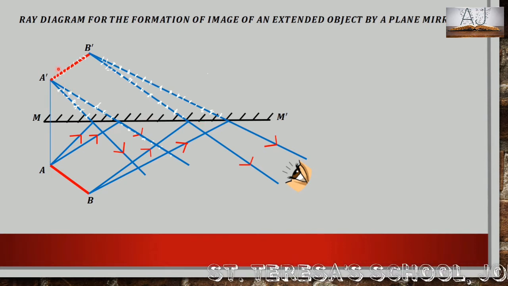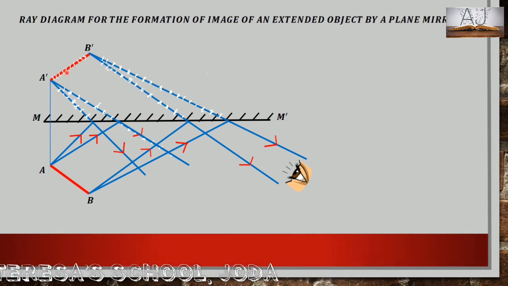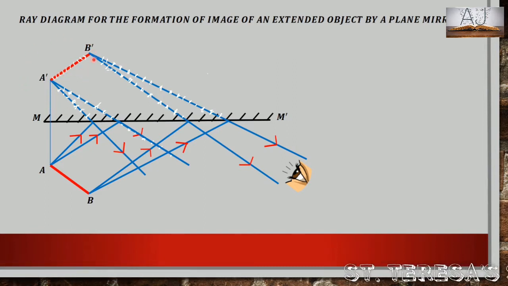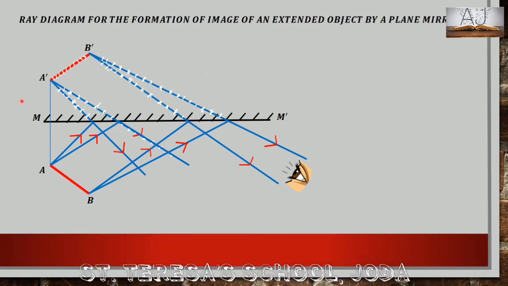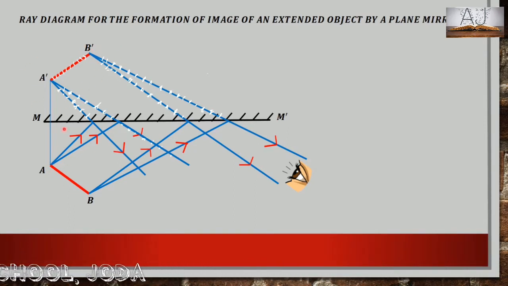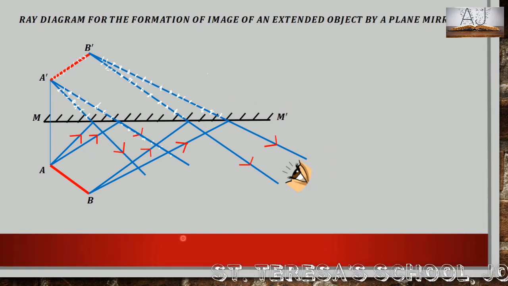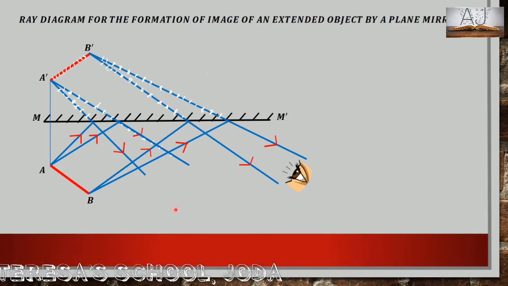Similarly, for all the points in the object A to B, we get the images at the various points behind the mirror. So likewise, the image of the whole object is found behind the mirror. So this also you need to practice. Use ruler, compass and all, and then practice for this diagram.